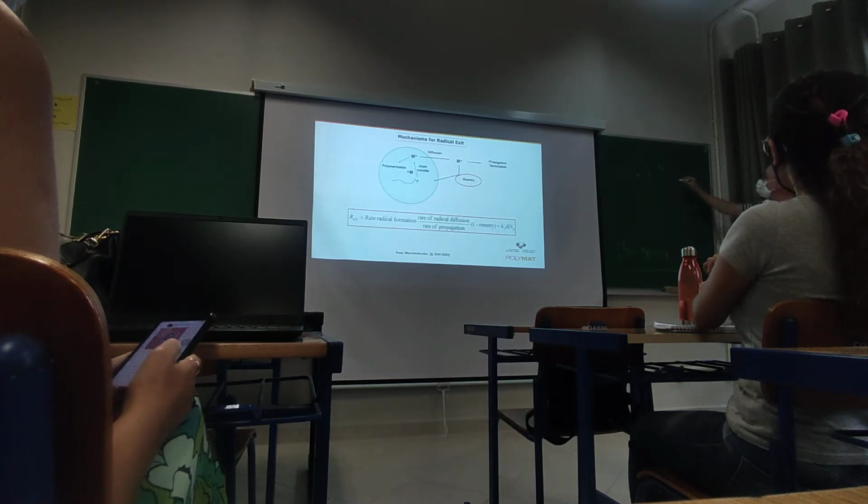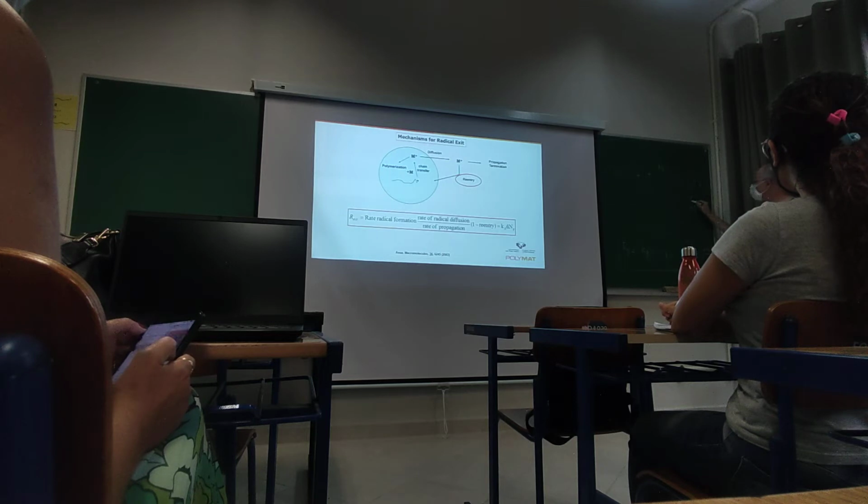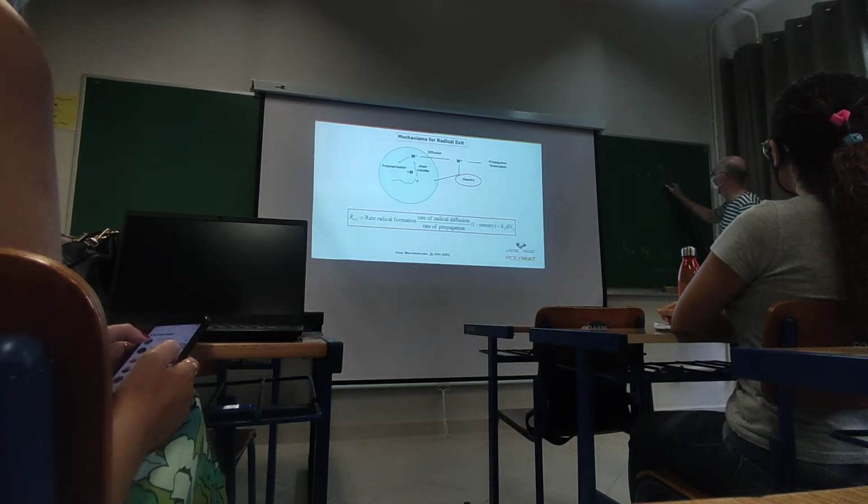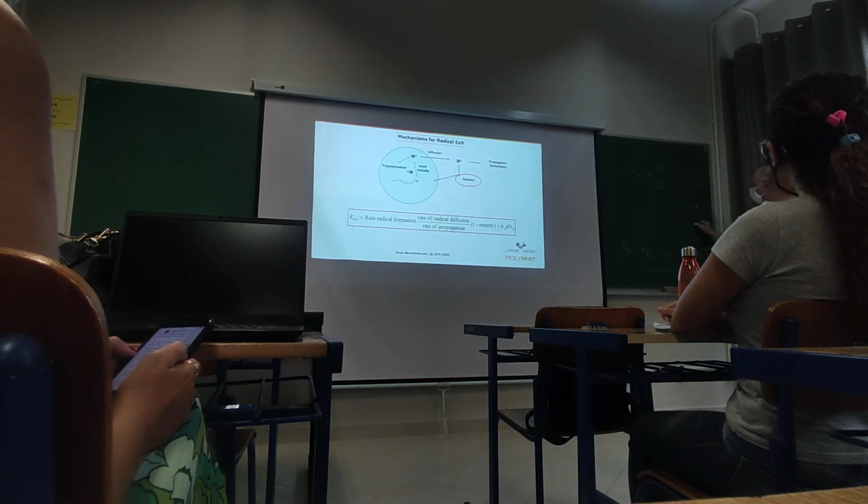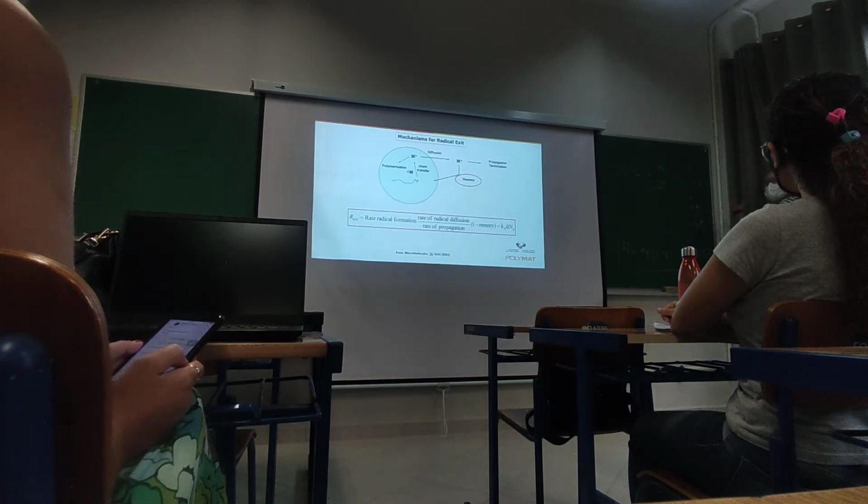So the chain is saturated because it abstracts a hydrogen from the monomer, and you get a monomeric radical. The same can happen if you have chain transfer agent. If you have chain transfer agent, what you will have is the dead chain, but you will have a radical from the chain transfer agent that can continue. And this is also a small molecule that can exit.